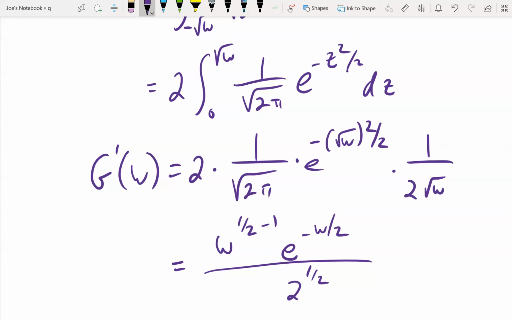What did we say was equal to square root of pi the other day? Gamma of 1/2. Why did I write it like this? What are we trying to see? That it's chi-squared. Does that look like a chi-squared PDF? Yes, it does. So this is chi-squared of 1.